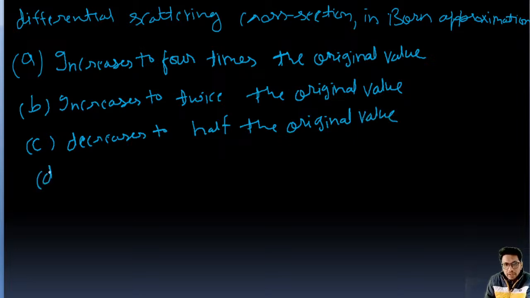And option D is decreases to 1/4 the original value.